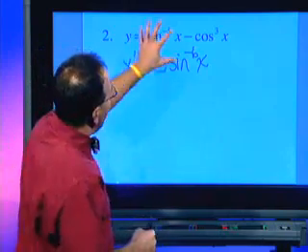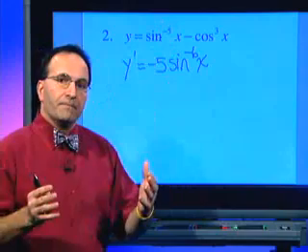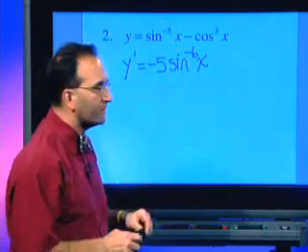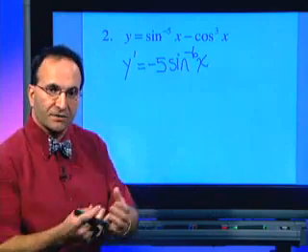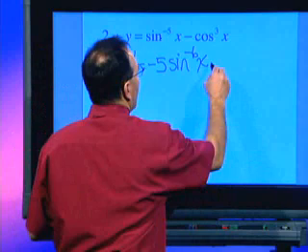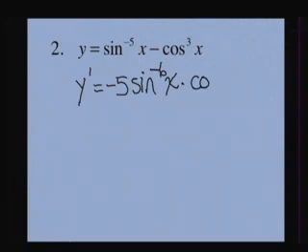But now that's like the outside function, because now what we have to do is take the derivative of just sine x, because sine x is the inside function here. And so we multiply times the derivative of sine, which is cosine.